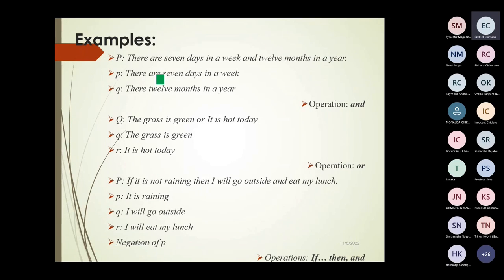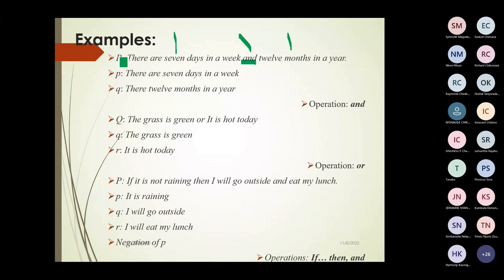Examples of compound statements: there are 7 days in a week and 12 months in a year. So this AND is forming a compound statement. This one on its own is a simple statement, and this one is a simple statement, and we are using an AND operator.